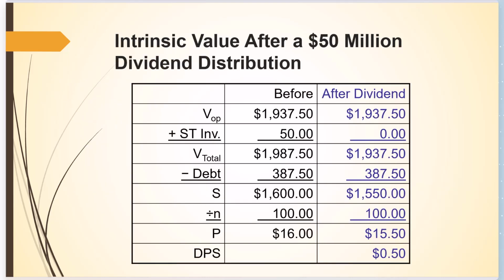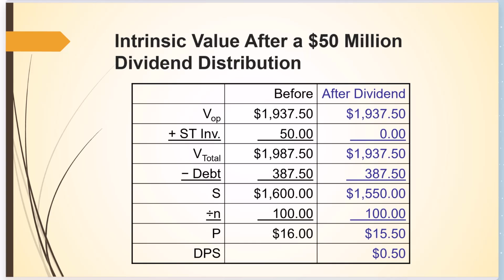So how does this happen? In this case, we have a company that's $1,937.50 in value. They have $50 in short-term investments. Through this process, they're going to recapitalize, essentially. They're going to buy back some stock. So they take the $50 in short-term investments and they buy back the shares of stock.